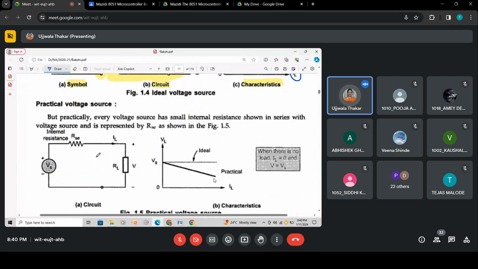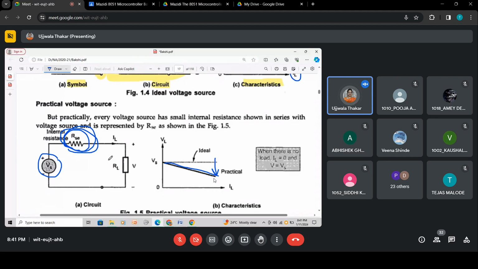Let us see the practical voltage source. This is the ideal source and there is the internal resistance. If you are using a battery, ideally a 12-volt battery should give 12 volts continuously. But practically there is a drop in the voltage, because there is internal resistance associated with the battery.